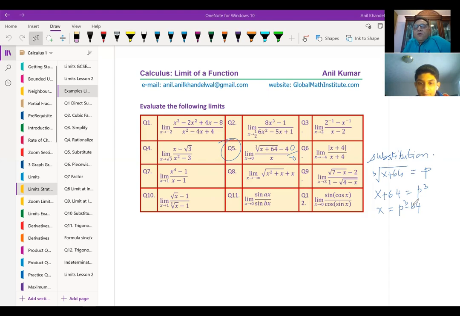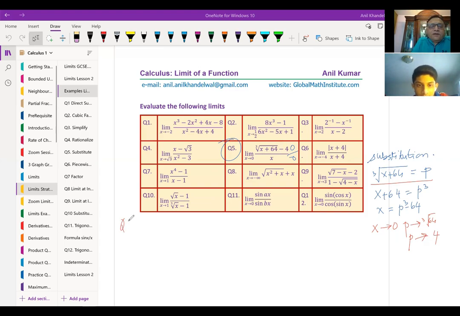Second, when x approaches 0, what value does p approach? That is what you have to check. You can see from this expression, when x approaches 0, p approaches the cube root of 64, right? Which is 4. So we can rewrite this particular question.